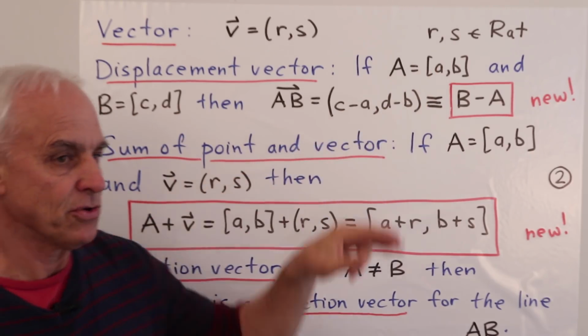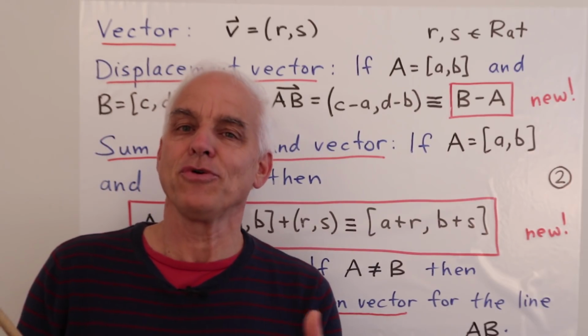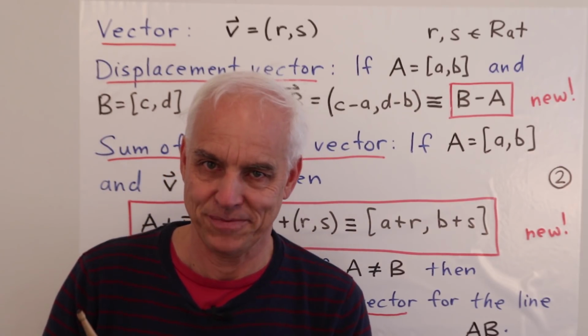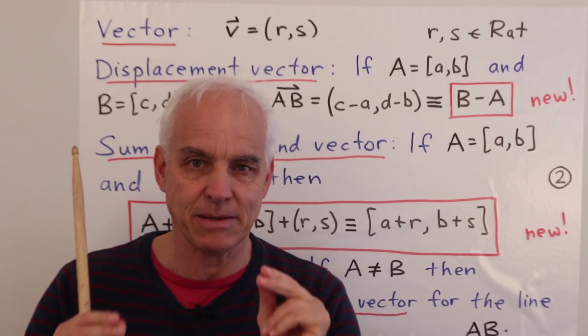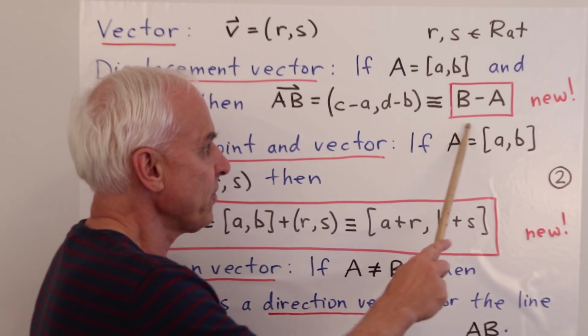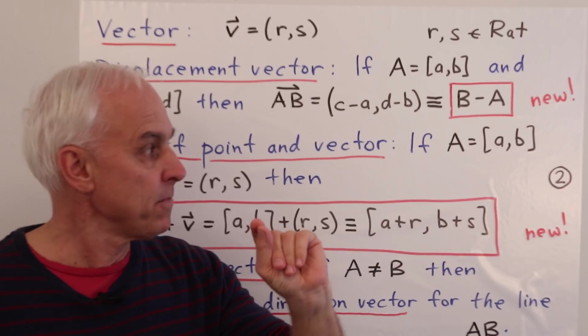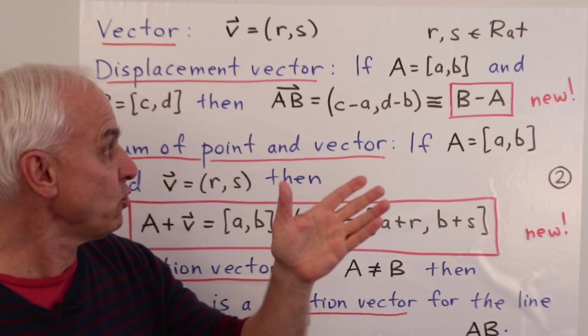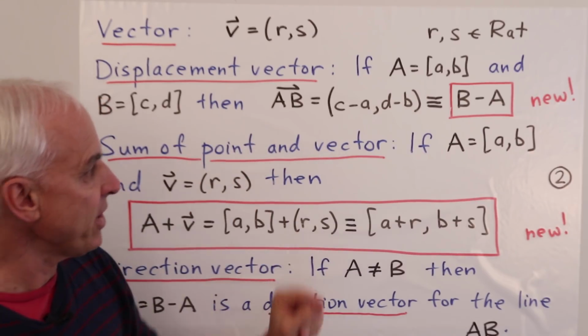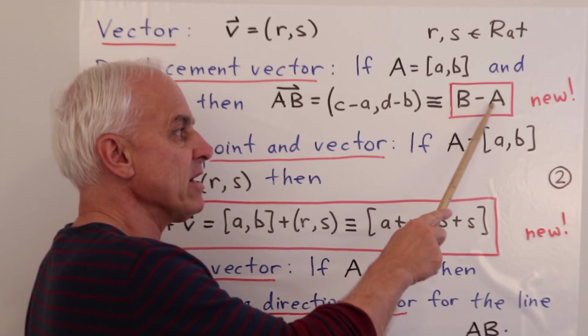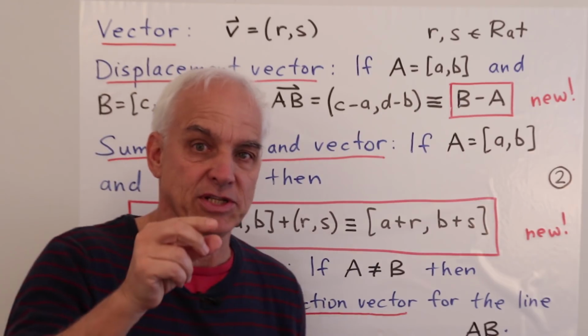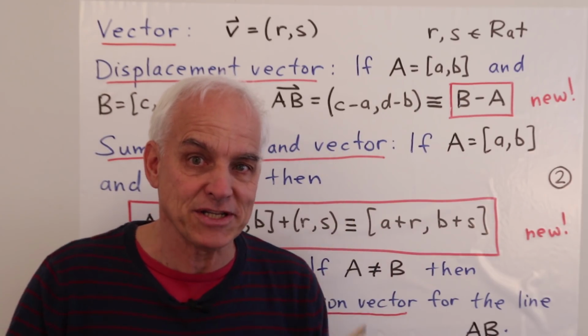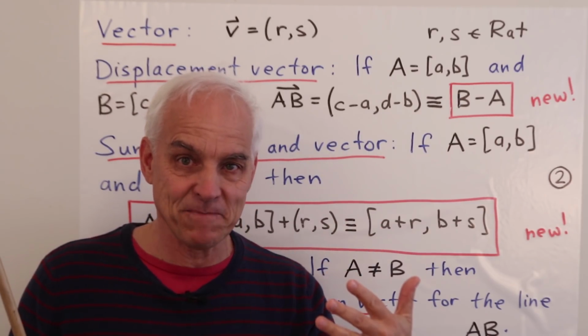And now we're going to introduce some rather unorthodox notation. We're going to give another name for this displacement vector. So AB is one name for it, but another name will just be B minus A. So we're going to introduce this subtraction sign in the context of points.